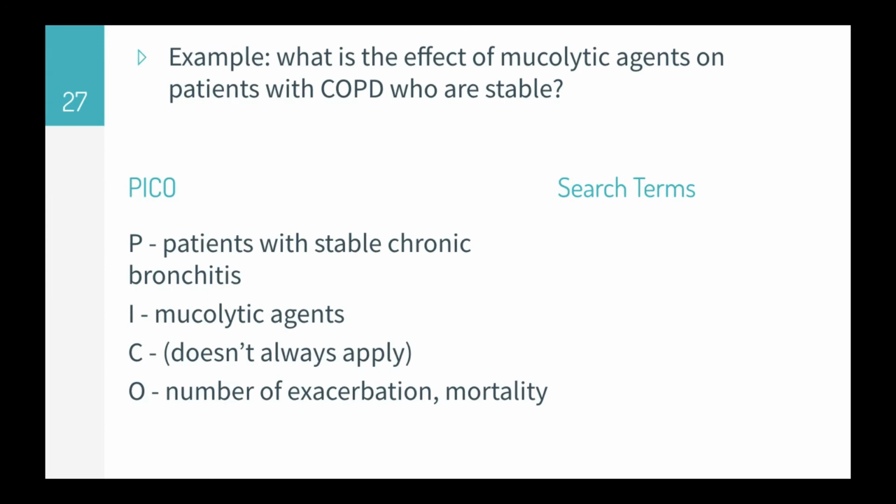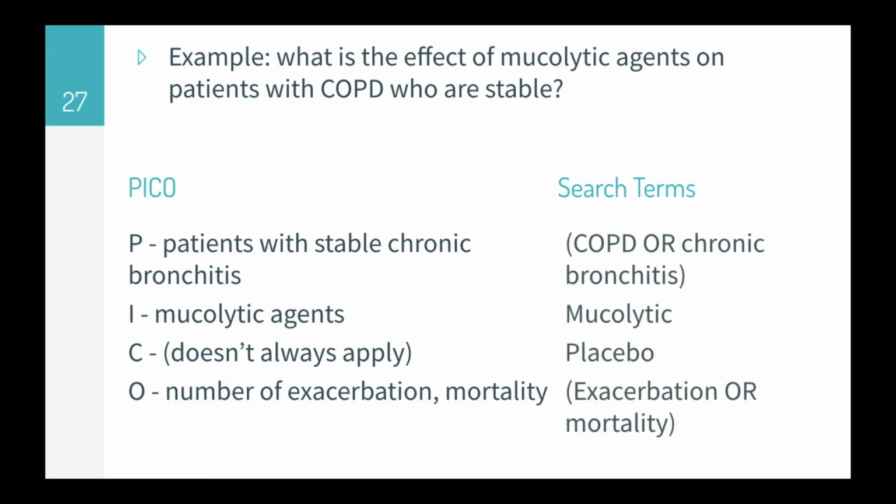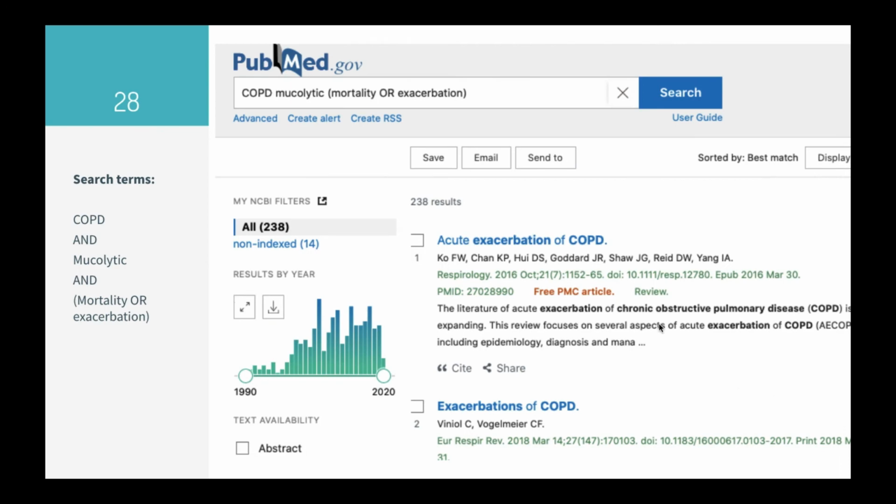Okay, so if we were going to expand on this search, maybe I'm going to do COPD and mucolytic or placebo and exacerbation or mortality. I think the main point is to expand on that exacerbation part of the search. So this is what my new search looks like now.